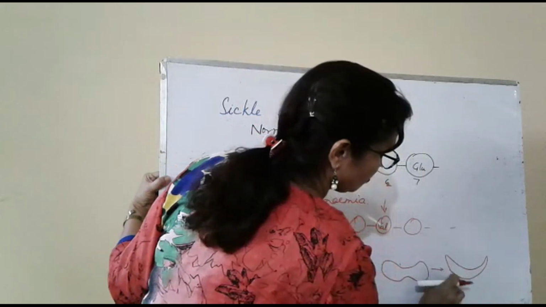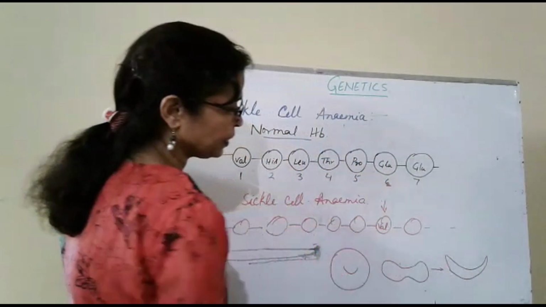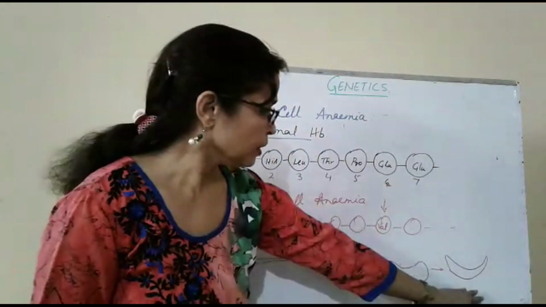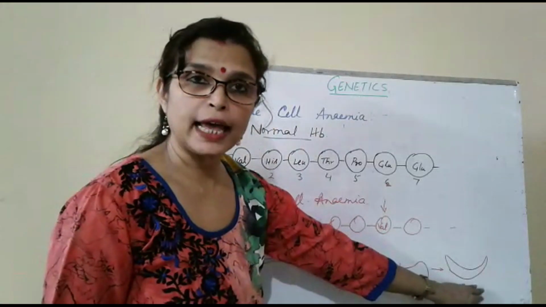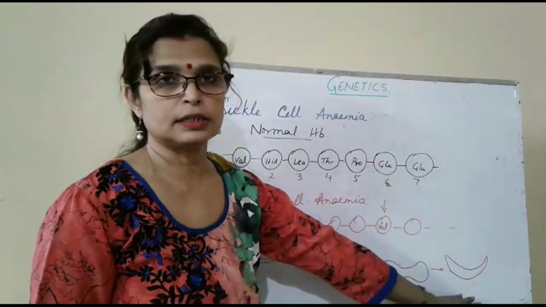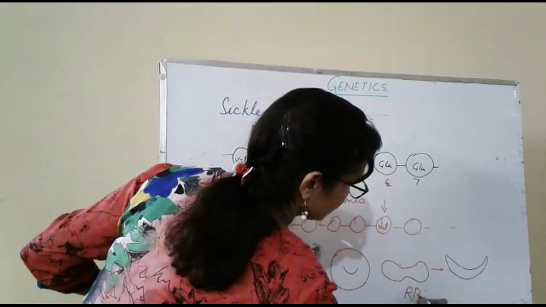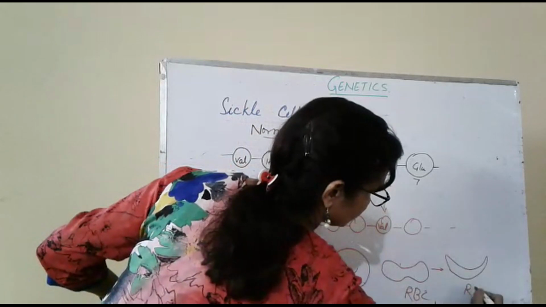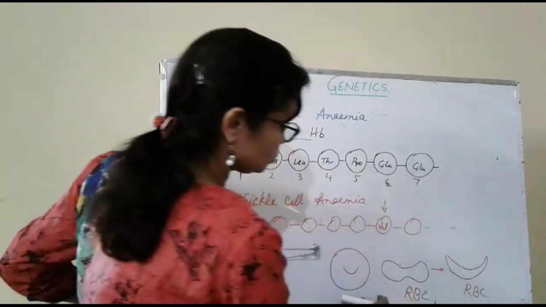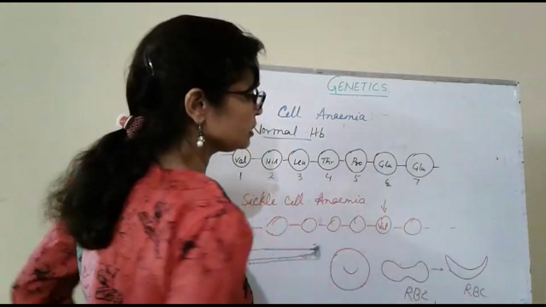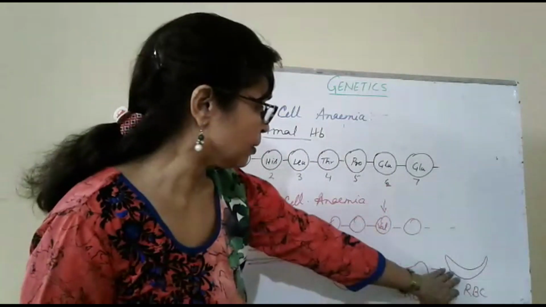It is changed from biconcave to sickle, and due to this shape the oxygen carrying capacity is decreased. So these two are normal RBCs and this is the sickle cell anemic RBC.